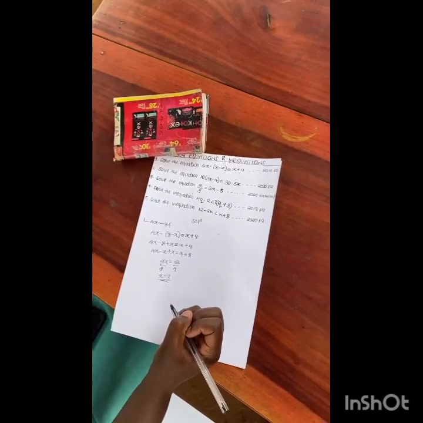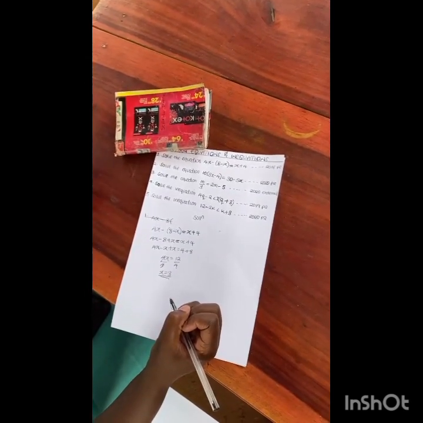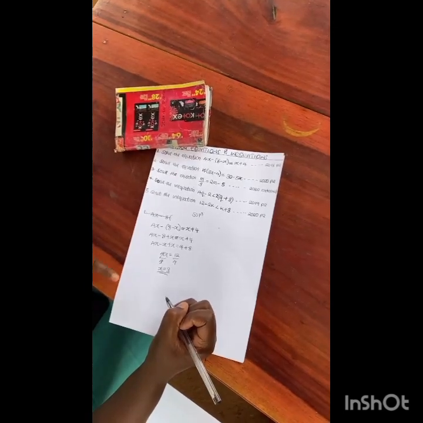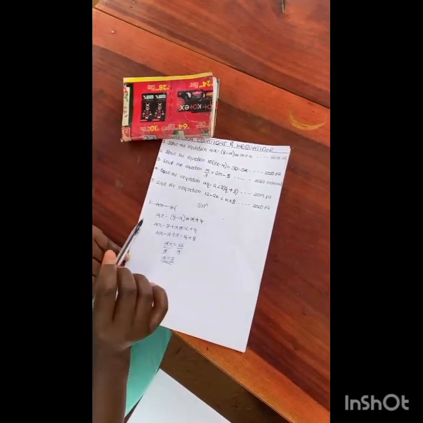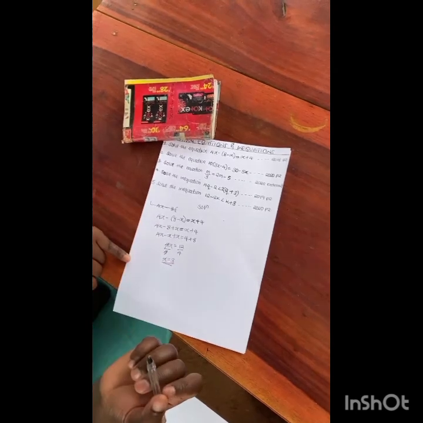Remember that any type of equation, whether it's an equation, inequality, or simultaneous, you're supposed to verify your answer. How do you verify? You get this value and plug it back in the original equation and check if it's correct.